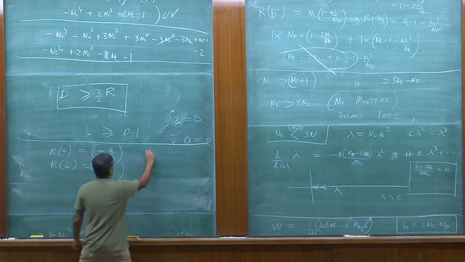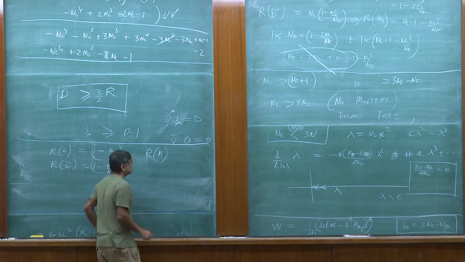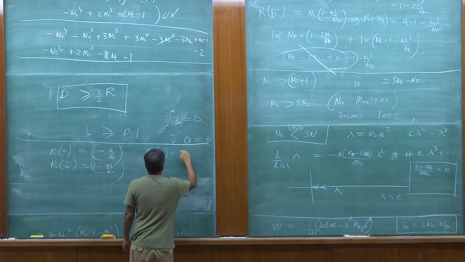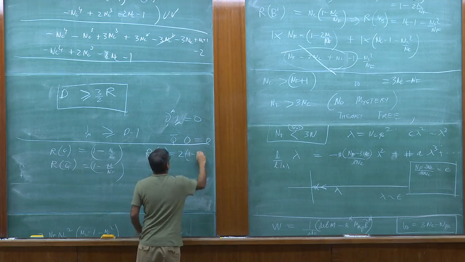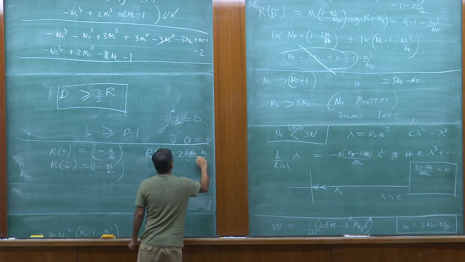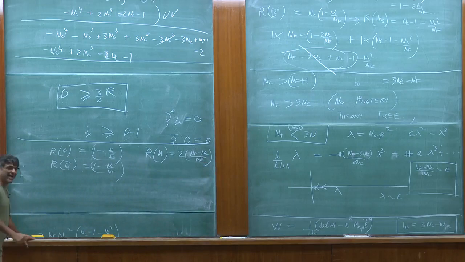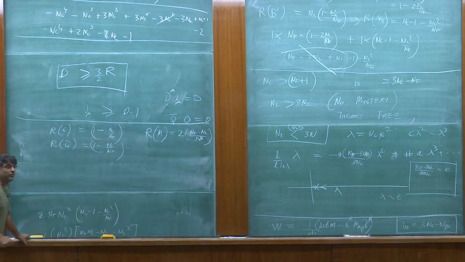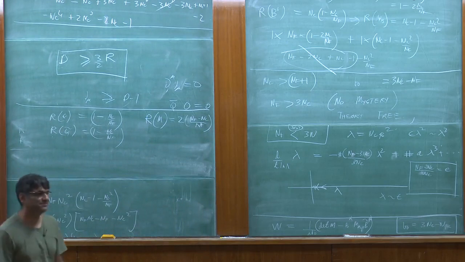So, let's look at the R charge of M. This is equal to 2 times 1 minus NC by NF, so let's write it as 2 times NF minus NC by NF. And so we have a prediction that comes immediately from symmetry.